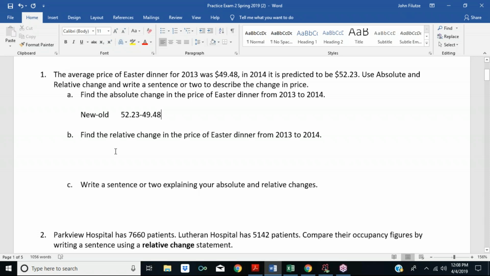All right, so the relative change then. The relative change is whatever that answer is from part A divided by the old. So it's new minus old, all of that divided by the old. The answer from part A was, thank you, Brian, 2.75. So for part B, we're going to do 2.75 divided by the old amount, which was 49.48.